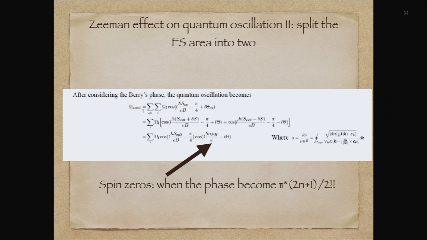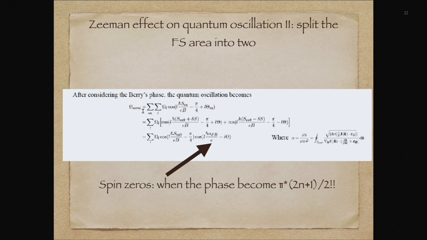So then this alpha is the effective G factor along that particular direction. So we know that if the phase factor inside this cosine equals pi times (2n+1) over 2, for example, equals pi over 2, then the whole quantum oscillation will vanish.